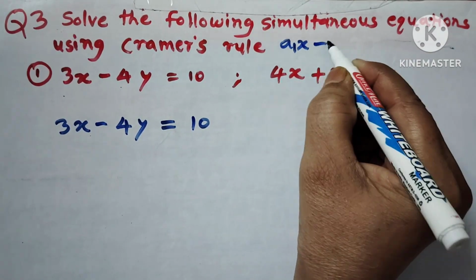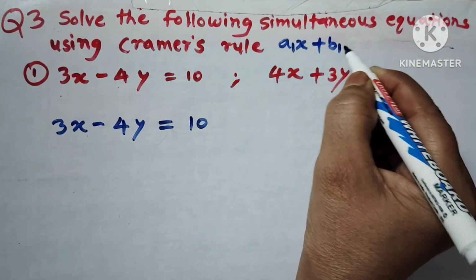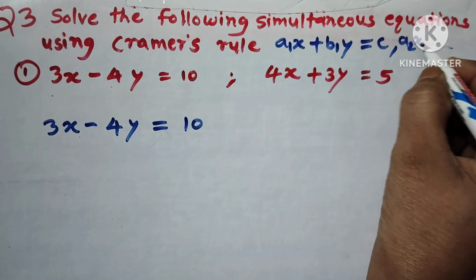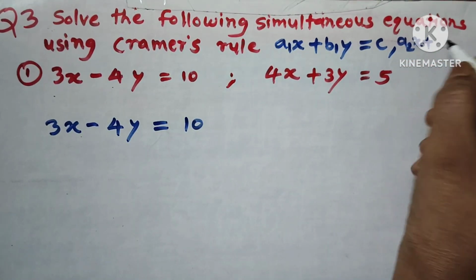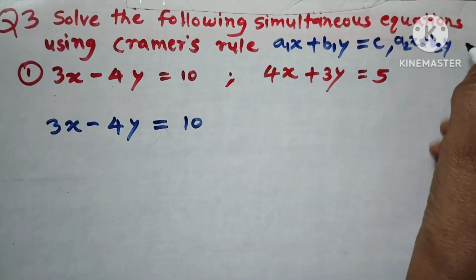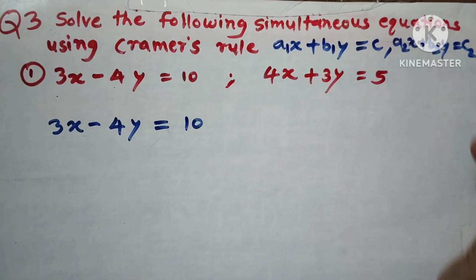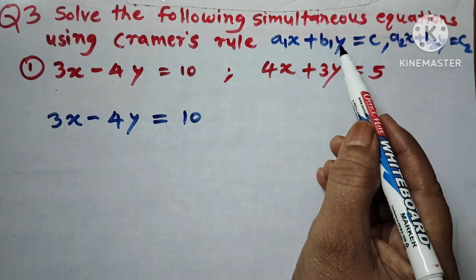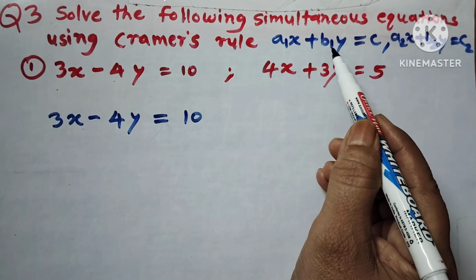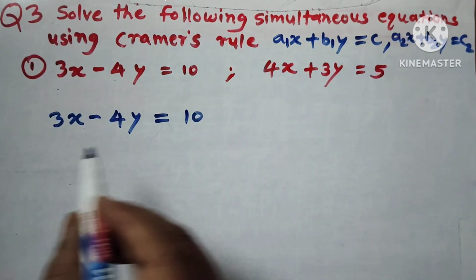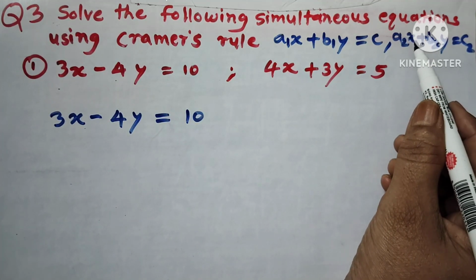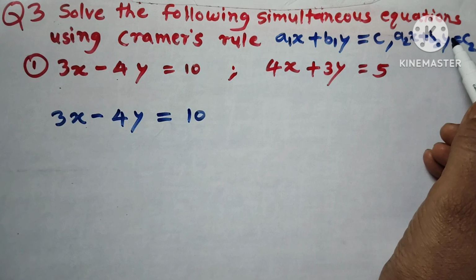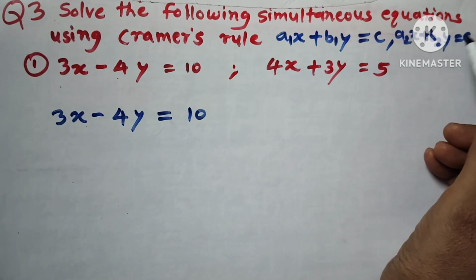a1x plus b1y is equal to c1, a2x plus b2y is equal to c2. Coefficient of x is a1, coefficient of y is b1. Here the coefficient of x in the second equation is a2, and the coefficient of y is b2.